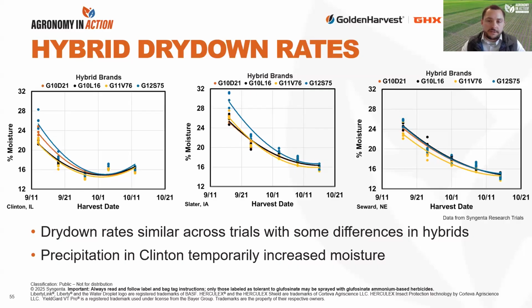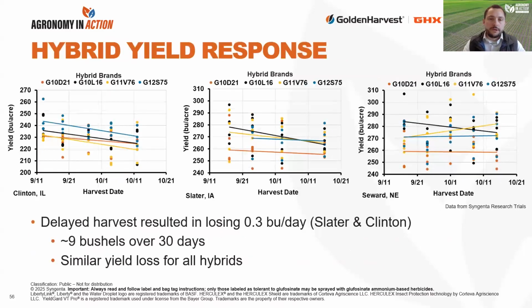Where things start to get a little bit more interesting, though, is when we look at the yield responses that go along with the different harvest dates. We have our 3 different locations here, and each location shows a slightly different data set, but the trend, for the most part, tells me 2 things.